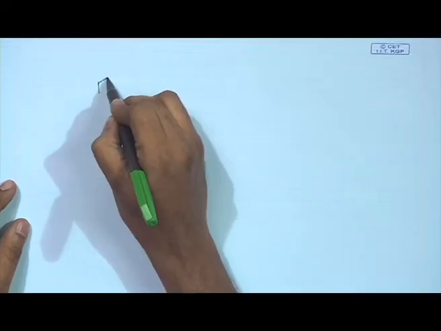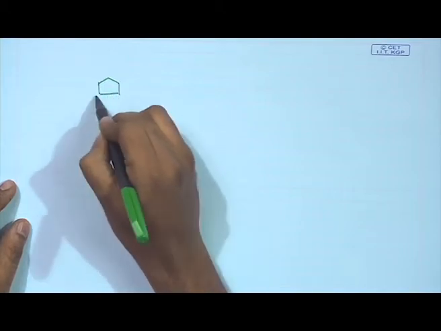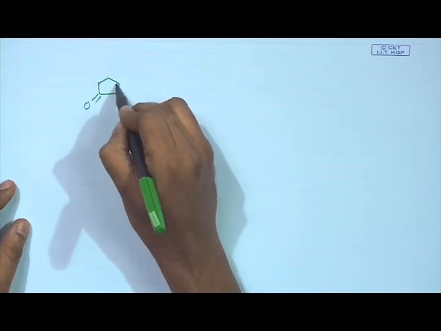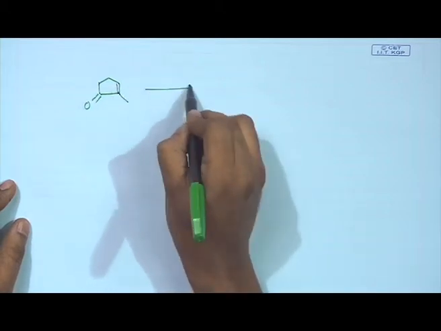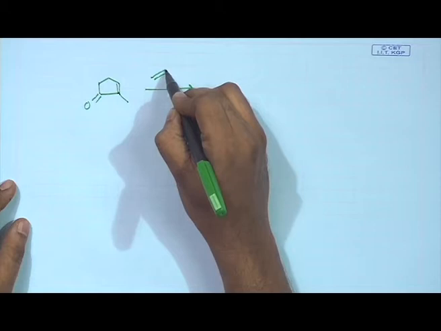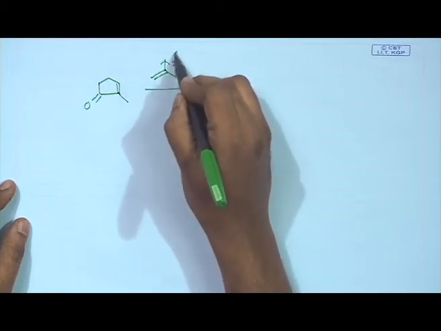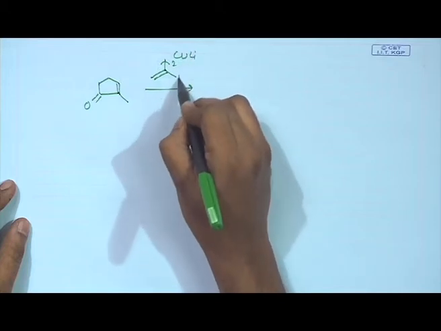So, now let us draw the forward pathway. What are you having? You have this starting material, and you are reacting it with the corresponding Gilman reagent, this methyl.